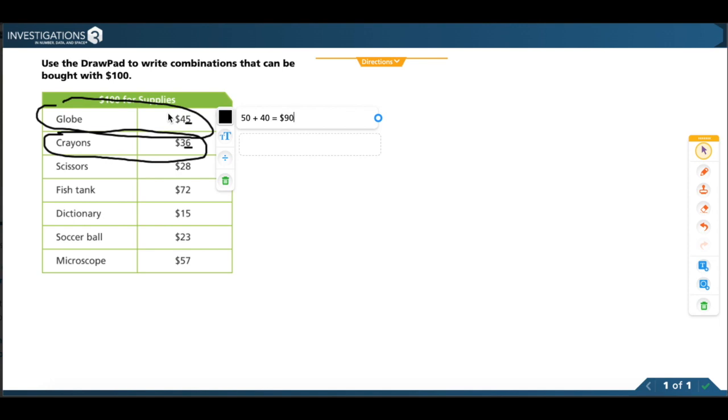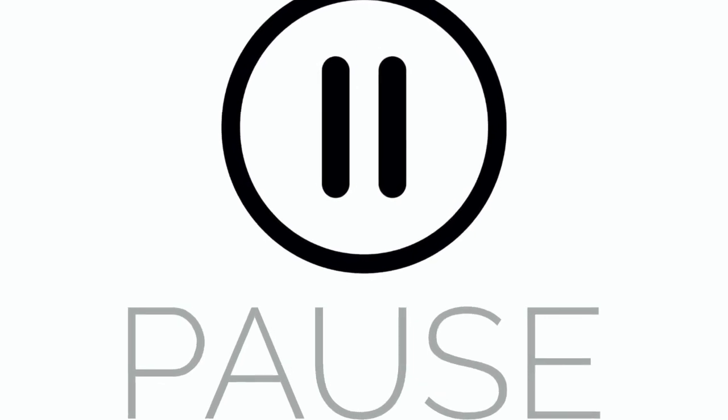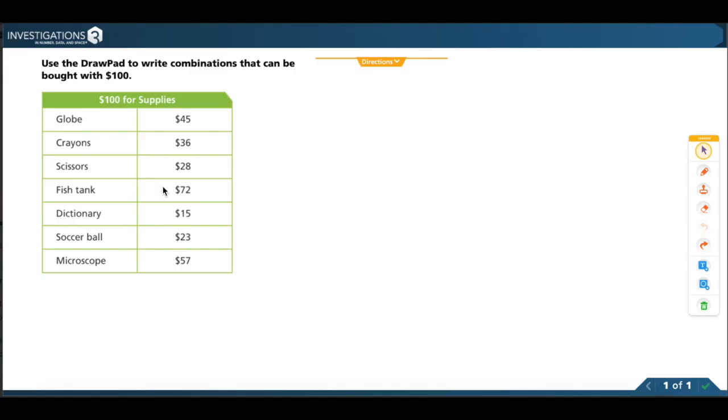Now think, are there any combinations of more than two things here that we can buy for $100? What are some combinations of more than two things that we can buy using $100? Pause me and think about it. So if I wanted to buy 3 things, let's say I wanted to buy the microscope.